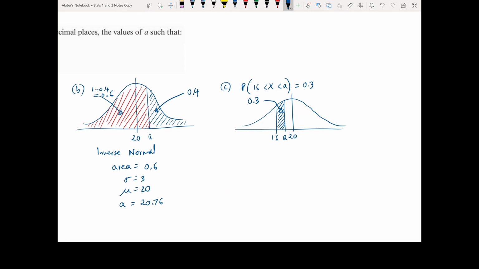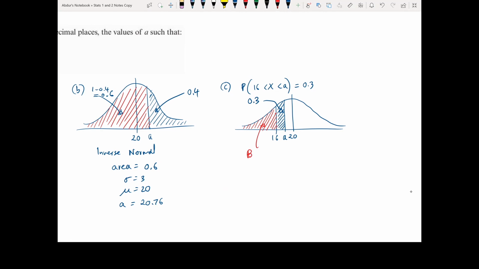Well, we need to first of all work out what this area here is to the left of 16, because we can work this out using our normal CD function, not the inverse one. So let's work out what this area is.